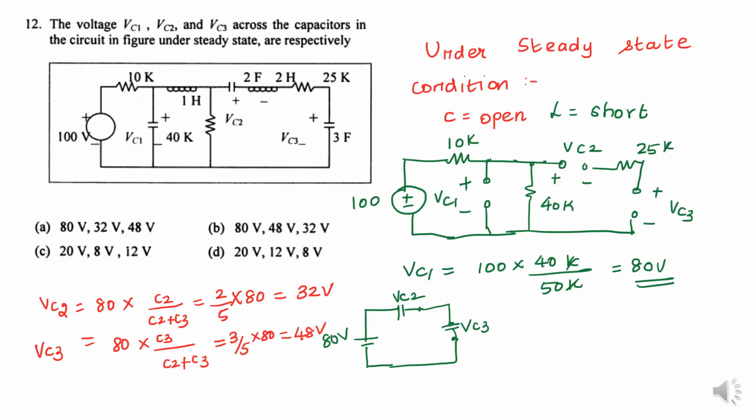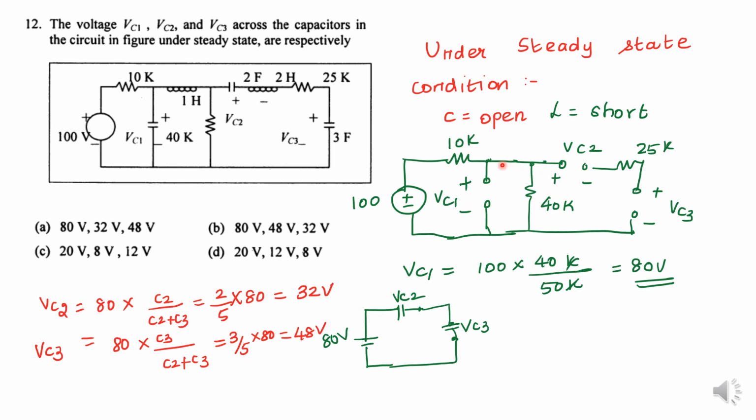Our next problem: the voltages VC1, VC2 and VC3 across the capacitors in the circuit in the figure under steady state are respectively? Under the steady state condition, the inductor acts as a short circuit and the capacitor acts as an open circuit. So I have to redraw the diagram. 100 volt, 10k, and here this open circuit, 40k.